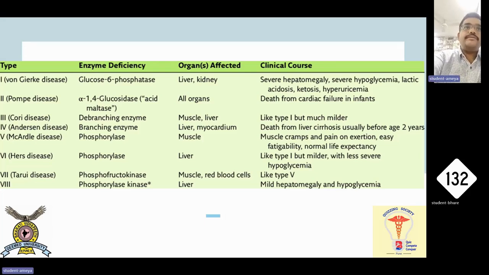Coming to the third mnemonic, Pompe's disease, which is GSD 2. P for Pompe, P for pediatric.